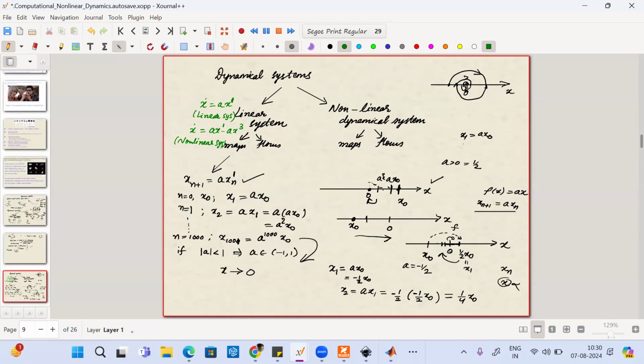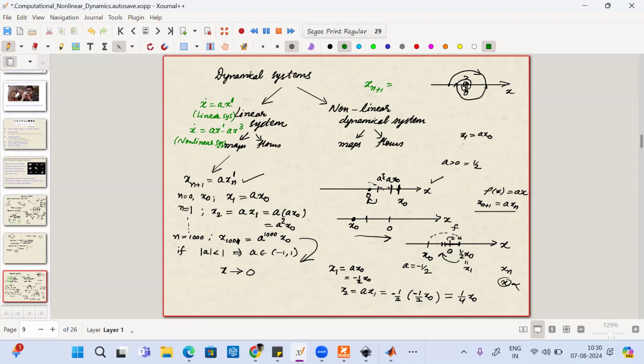But if you see maps, can you give me an example of a linear map? Halima, maybe. Linear map, it is simple. This is an example of a linear system: x dot equals ax.